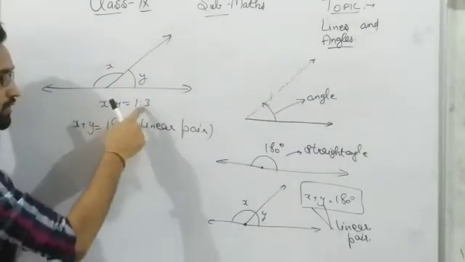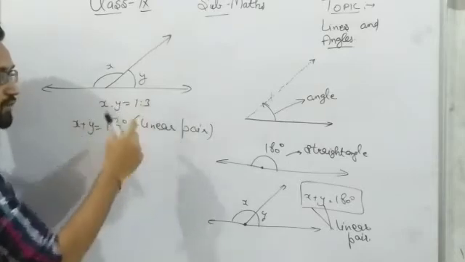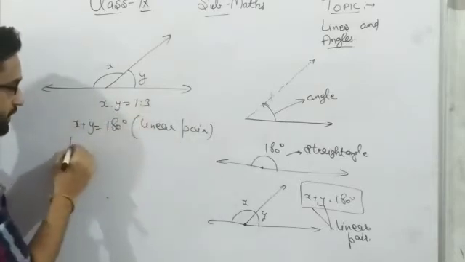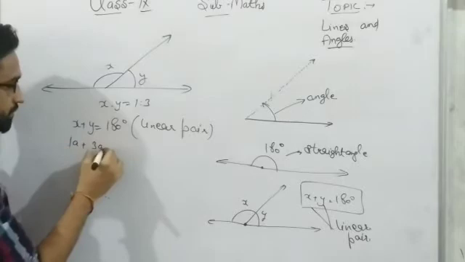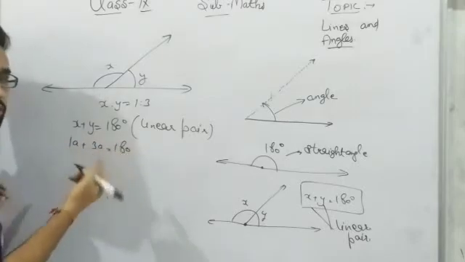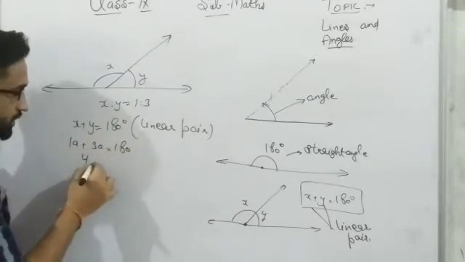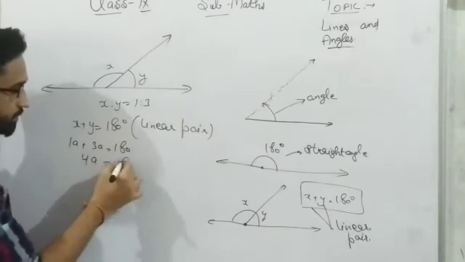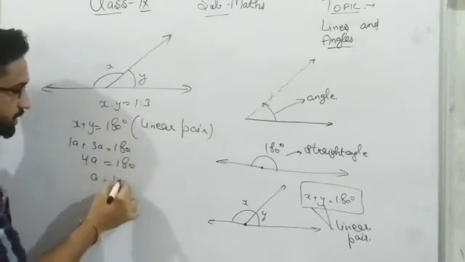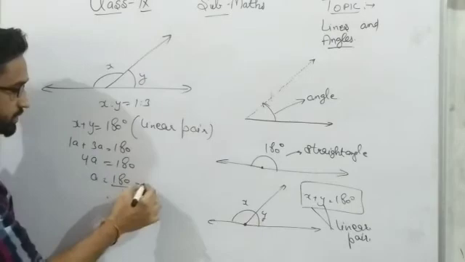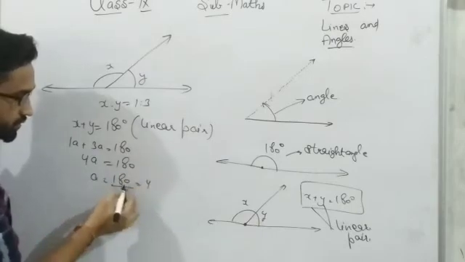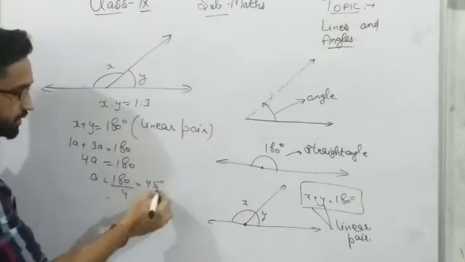X ratio y is 1:3. So can I say x as 1a and y as 3a? a is the common ratio between them. So this will give me 4a is equal to 180 degree. And from here I can say a is 180 upon 4, that is 45 degree.